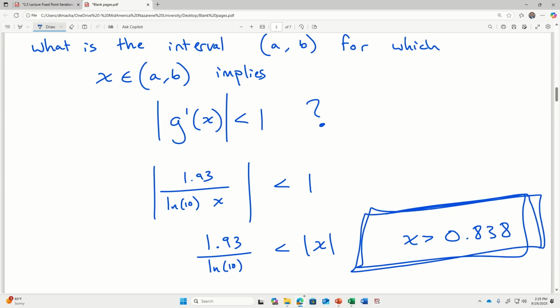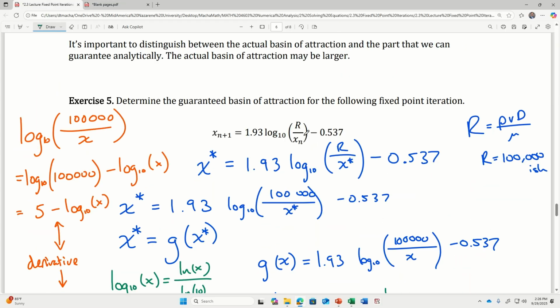And the equation is telling me that the absolute value of x has to be greater than 0.838. I don't care about the negative values of x because in my fixed point iteration, if I had a negative value of x, then I'm taking the logarithm of a negative number, and I don't care about that, right?